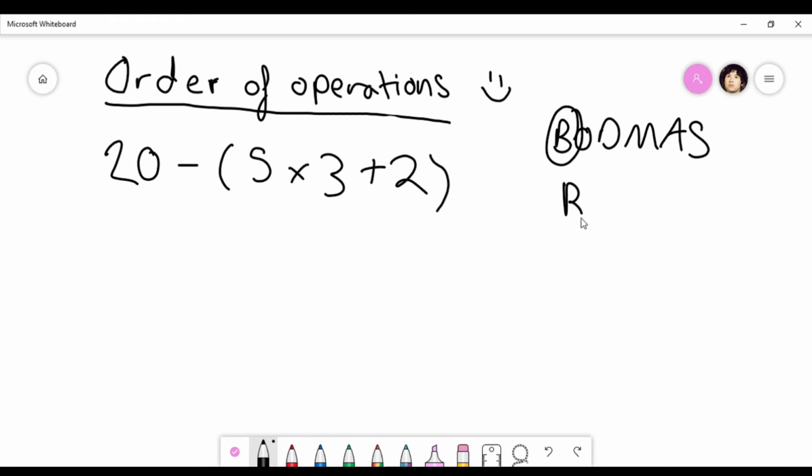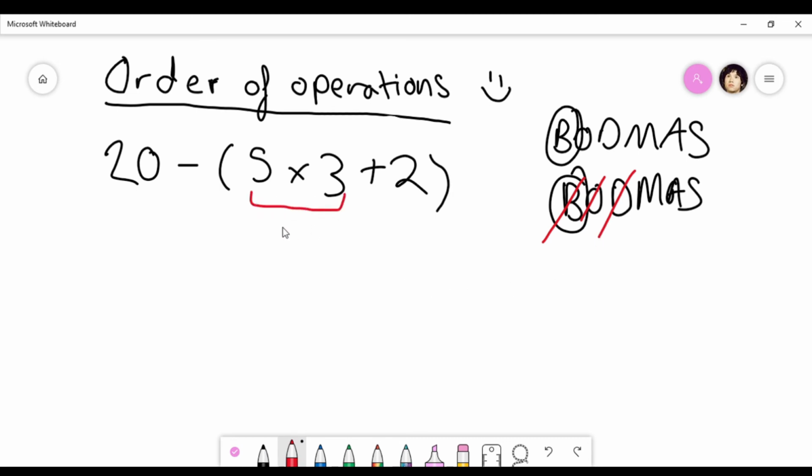Now in the brackets, what do we have? We don't have any more brackets. We don't have any other operations. We don't have division. We do have multiplication, so we're going to do 5 times 3, which is 15. We do have addition. We add a 2. That gives 17.